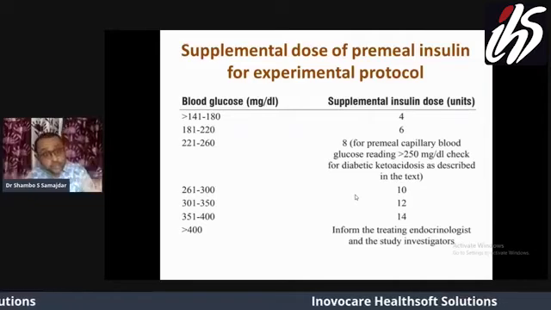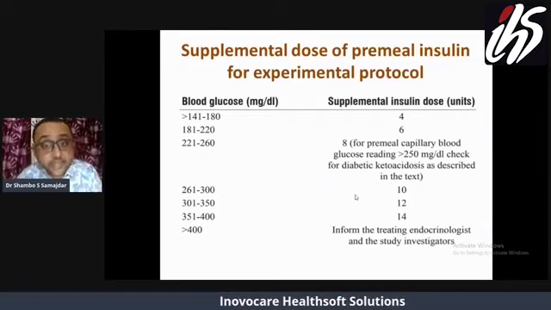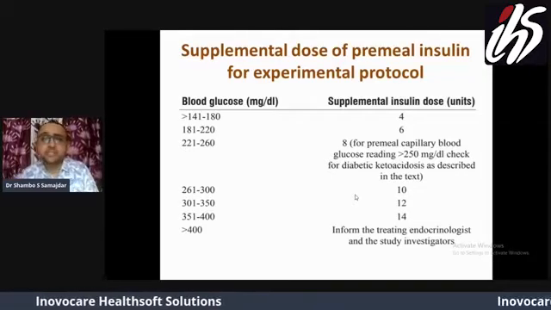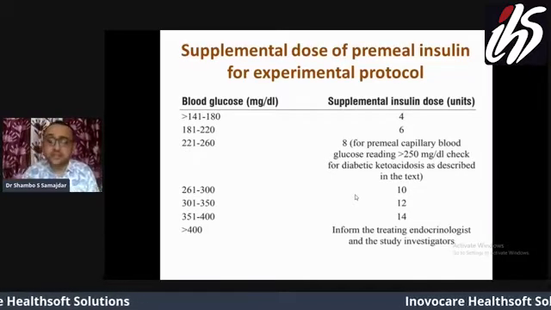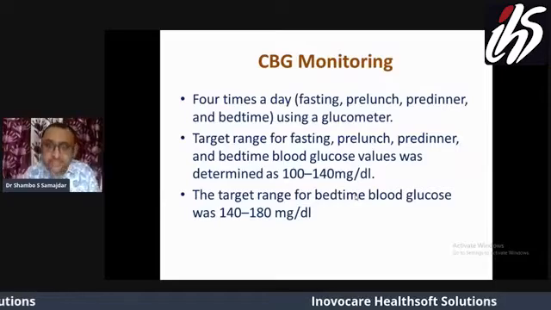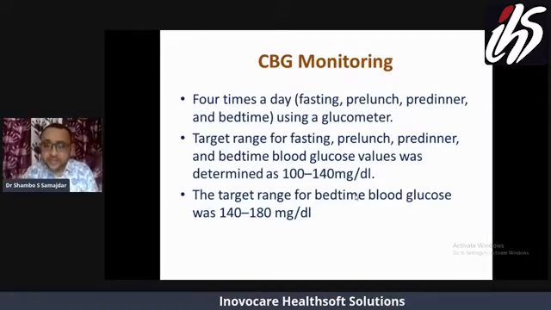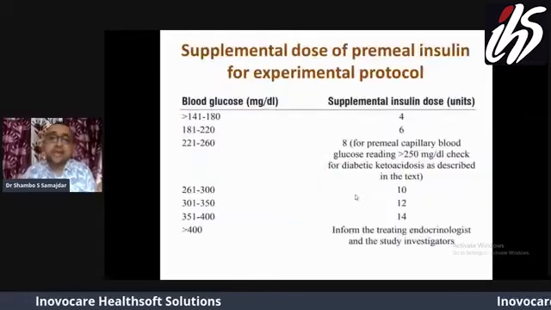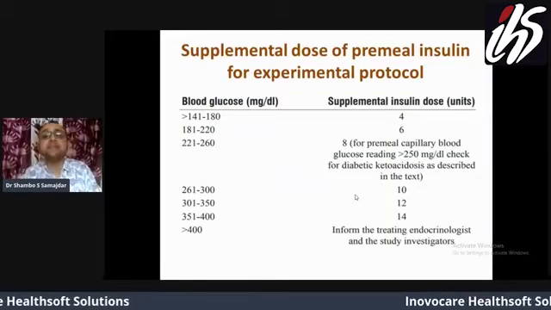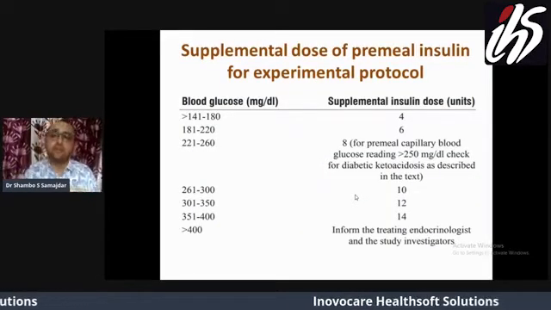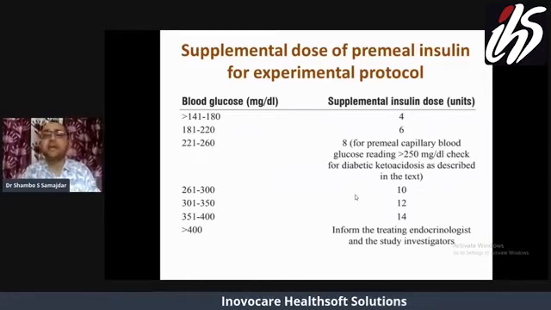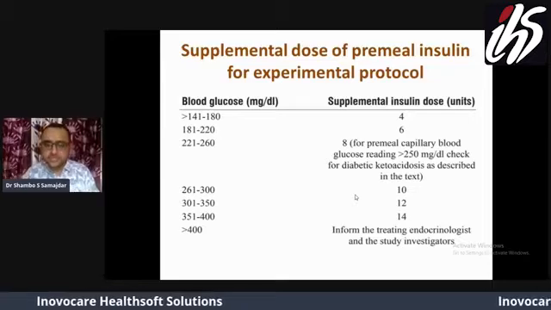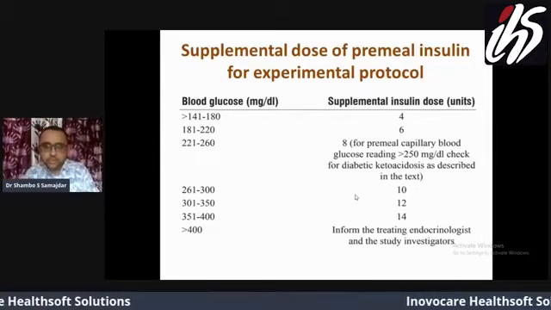They also used a supplemental dose of pre-meal insulin. So as they checked the fasting, pre-lunch and pre-dinner values, they gave some supplemental insulin dose of regular insulin or analog insulin along with what was calculated before. So this was the supplemental insulin dose.